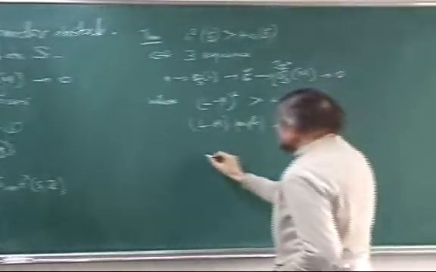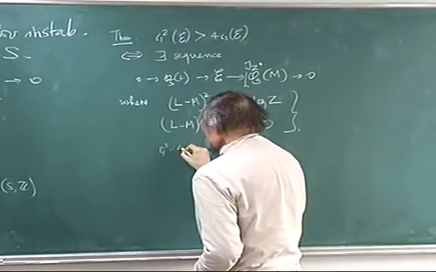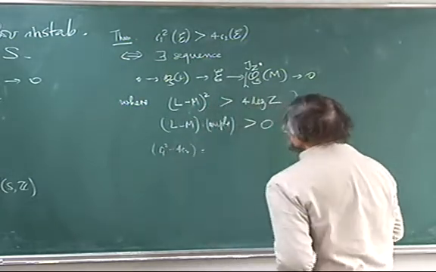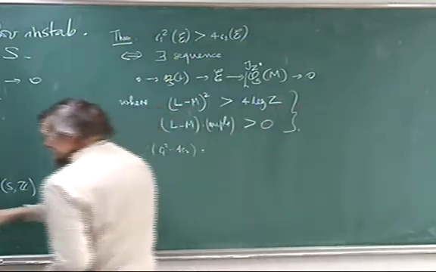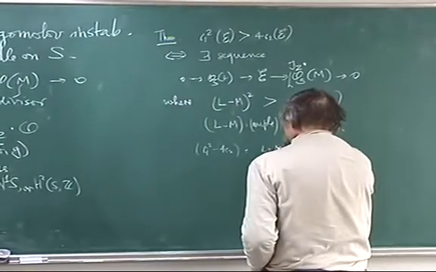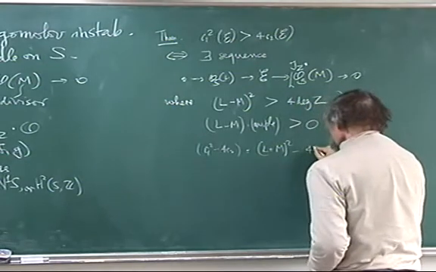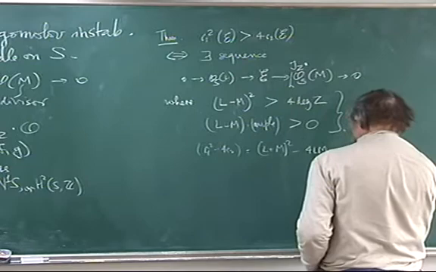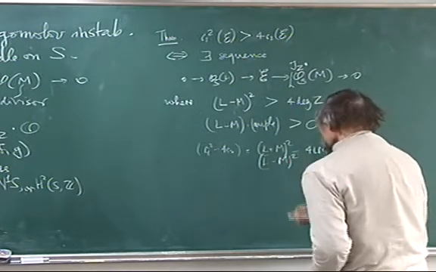So C1 squared minus 4C2 is, if I try to get this right, as stated here, L plus M squared minus 4LM minus 4 degree Z. Right? So this is L minus M squared.